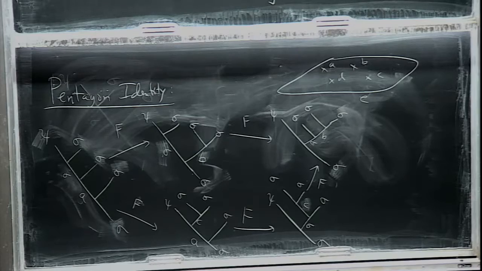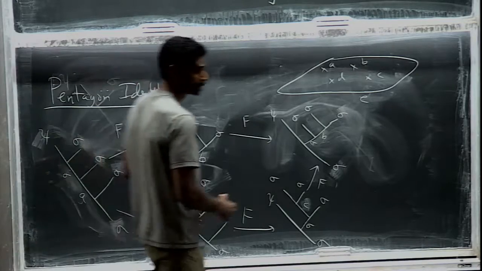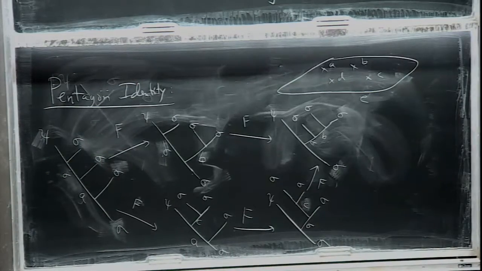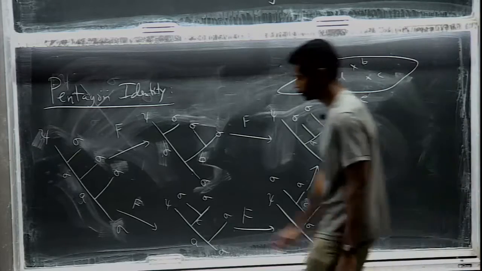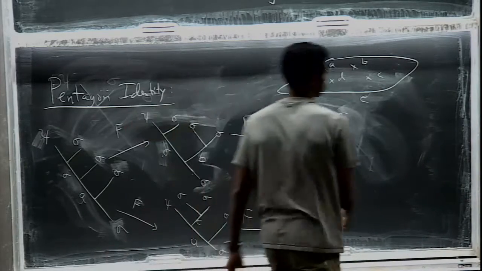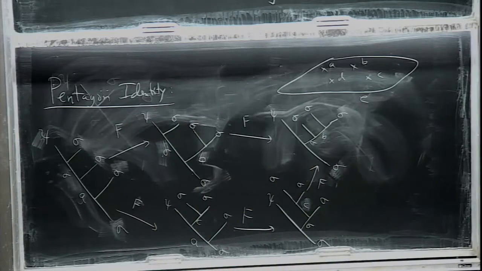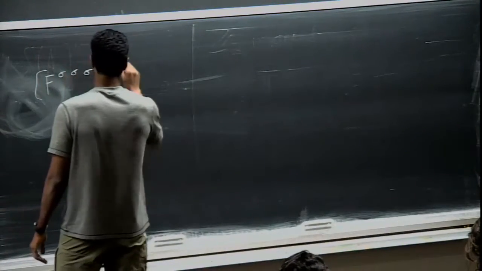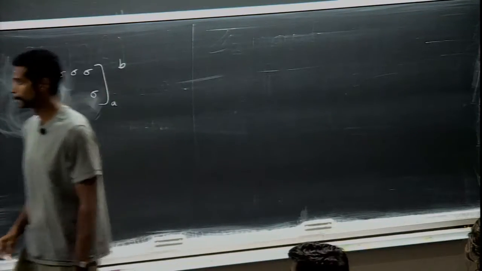Okay, so the first F move, let's write this out in equations. The first F move is F sigma, sigma, sigma, sigma, AB.